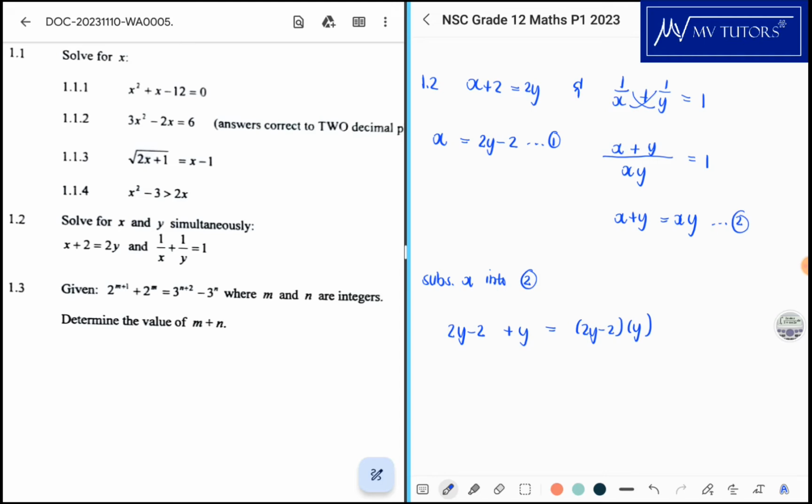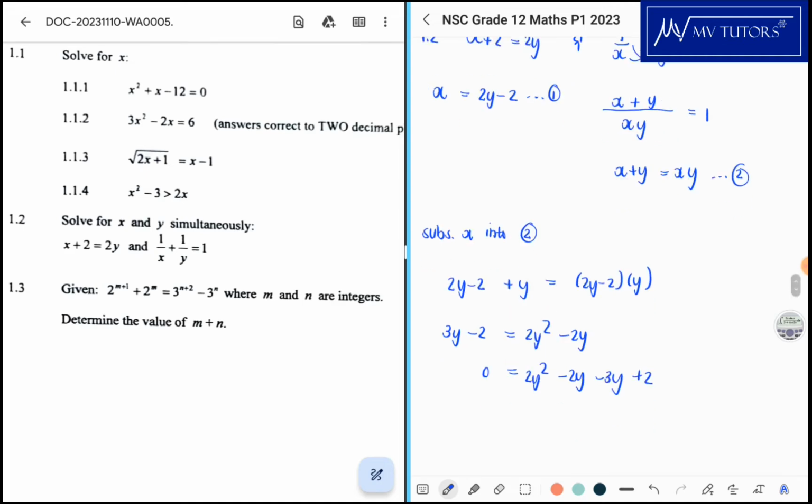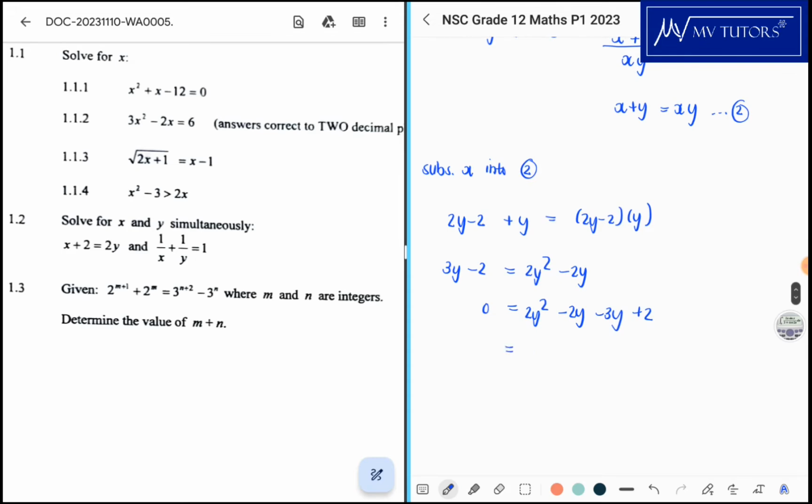Let us simplify everything. We have 2y plus y, that's just 3y minus 2, and then we have 2y squared minus 2y. Let's bring everything to the right. So we have 2y squared minus 2y minus 3y plus 2, and that will be 2y squared minus 5y plus 2.